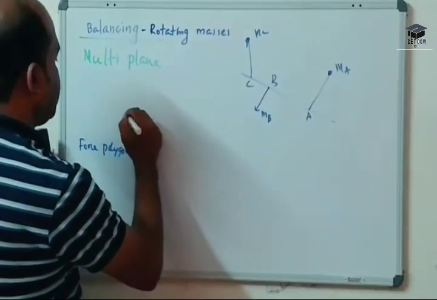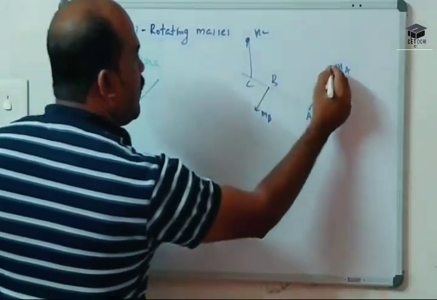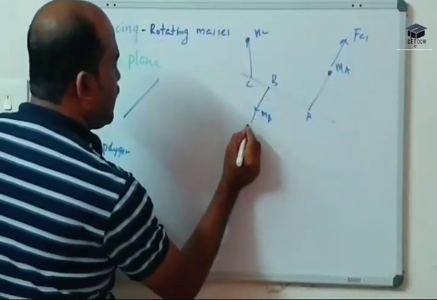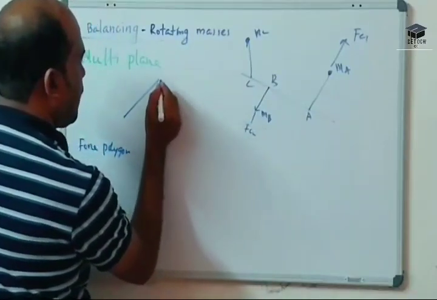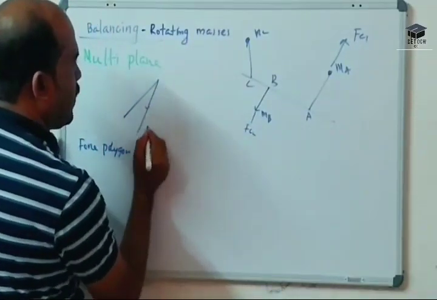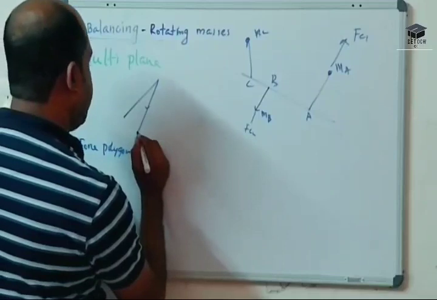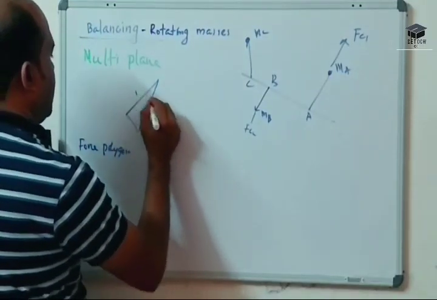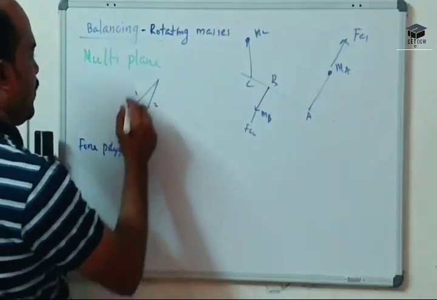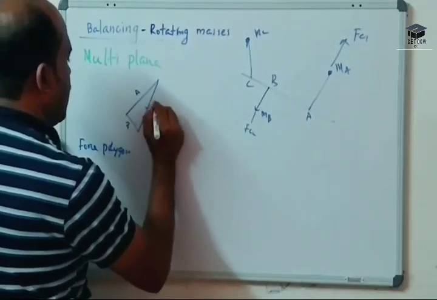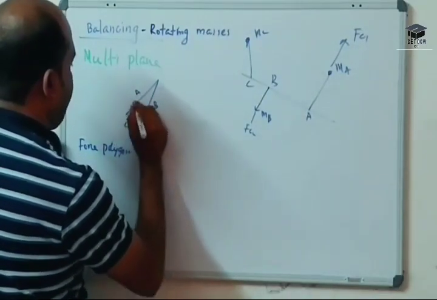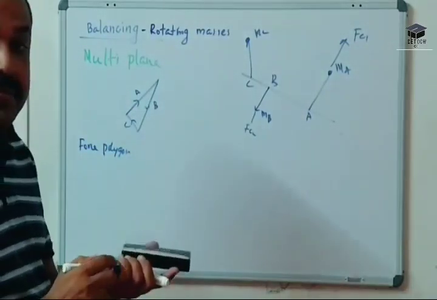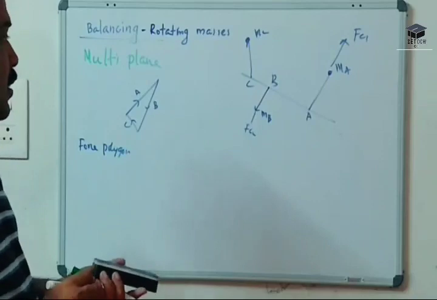As in the previous case, first vector Fc1, then second vector Fc2, and third vector, say A, B, C. It can be balanced.